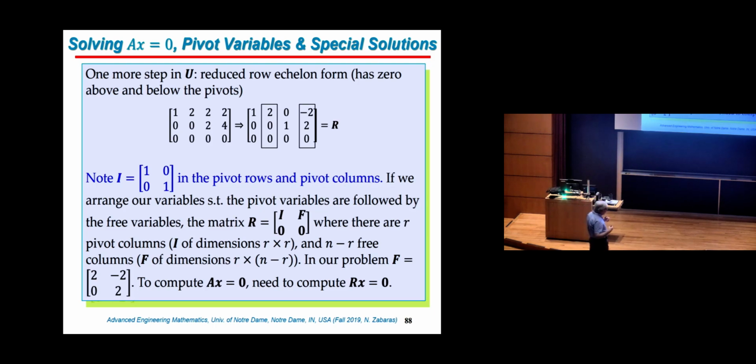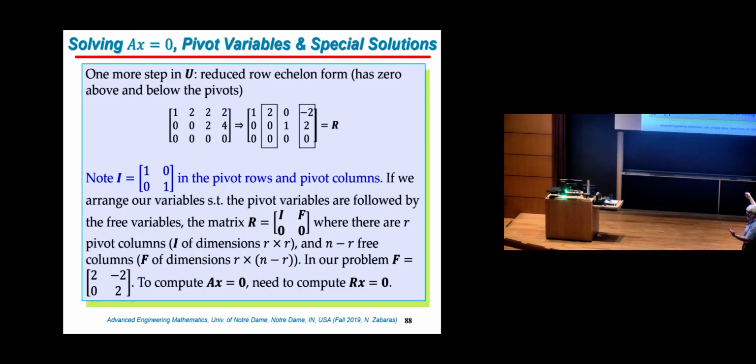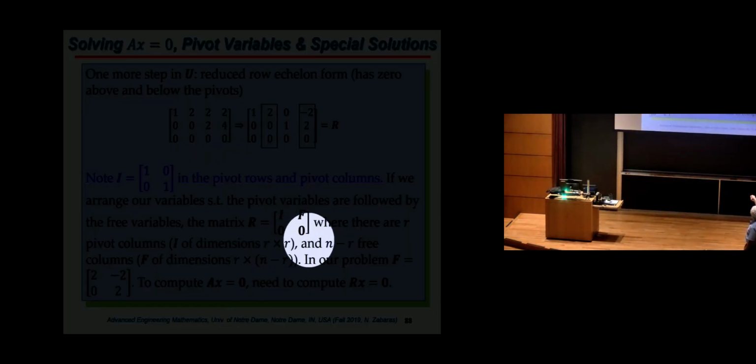So effectively, if I take this row echelon form and change the order of variables, x1 and x3 are pivot variables, so how about if I put those to be the first 2, and then put x2 and x4 to be the last 2? Would you agree with me that this matrix will become an identity matrix? You see the identity matrix there? Times some matrix F. I call it F because it's identified by the free variables. And then I have a 0 and a 0 there.